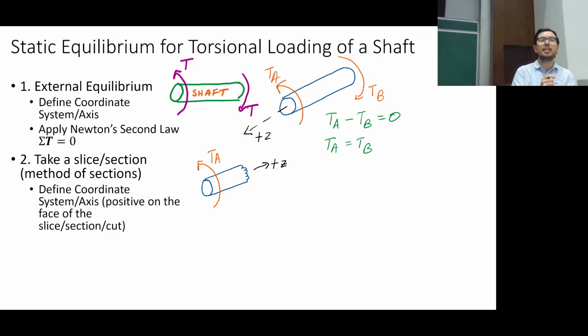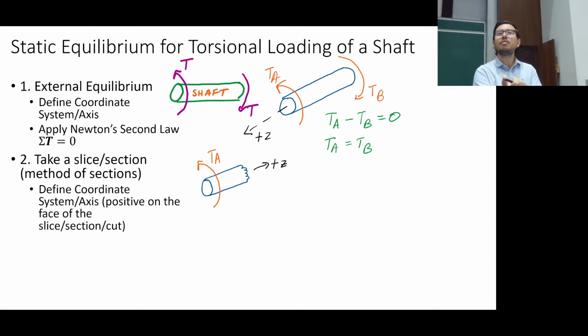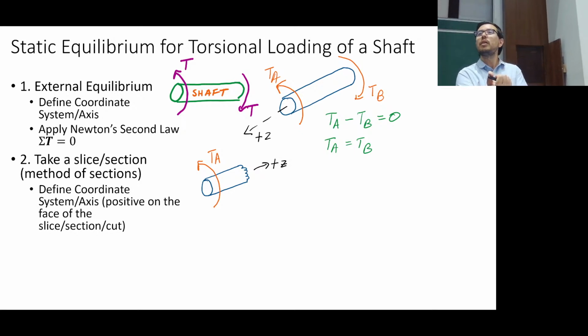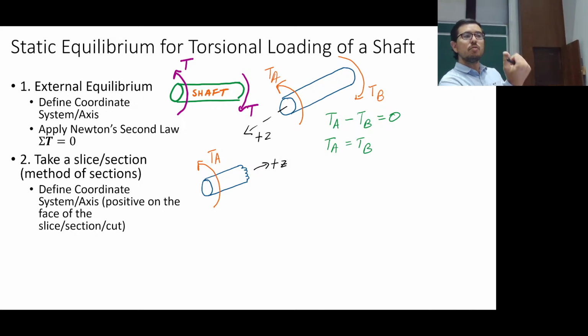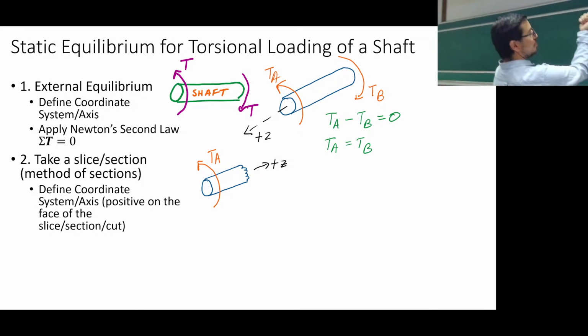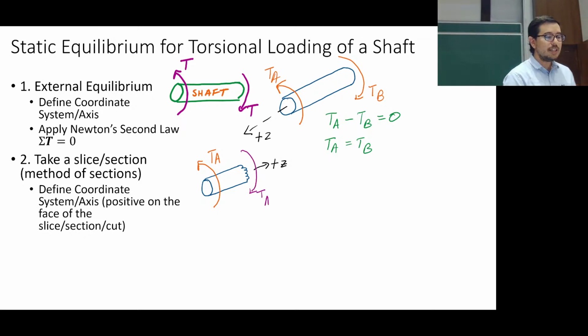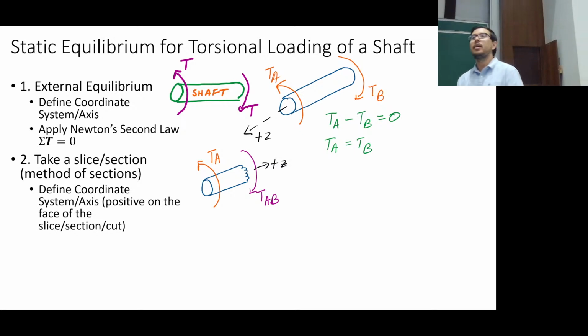In this case, we'll call it Z. And we say it's coming out of the cut, out of the slice, okay? And then I have to follow the right-hand rule, okay? And so I use the right-hand rule, and it's coming, well, let's see. Which way are you guys? Yeah, it's coming off like this, so I'm twisting like that, okay? So my TAB is going to look like that, okay?